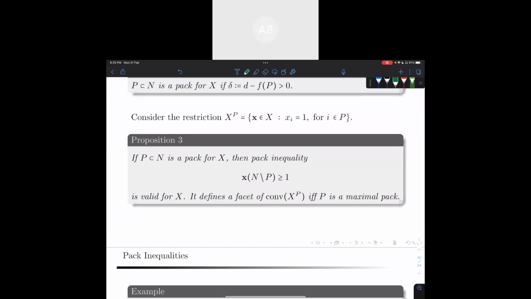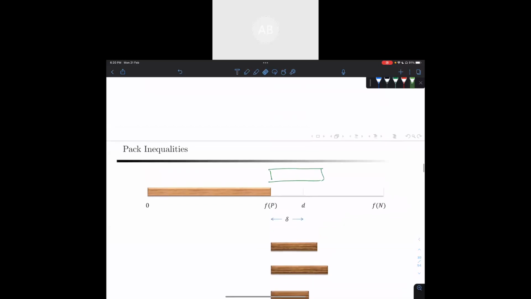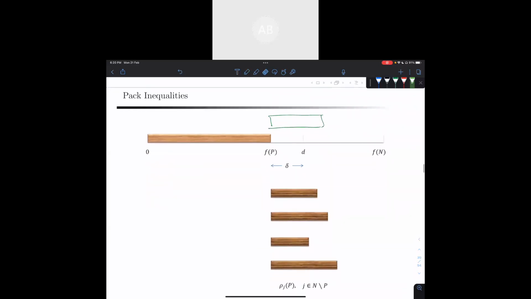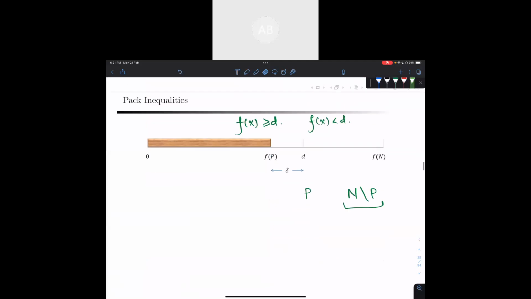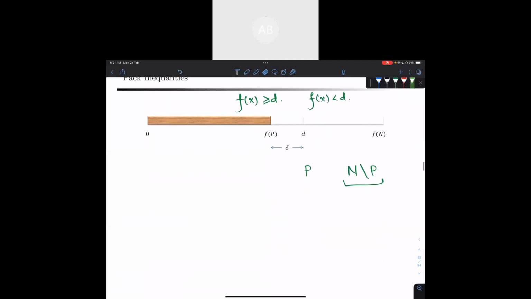So that's why this is valid for X and it defines a facet of the convex hull of this restriction if and only if P is a maximal pack. Again, the notion of maximal pack is similar: if you add anything from the complement of the pack, it becomes a feasible solution.